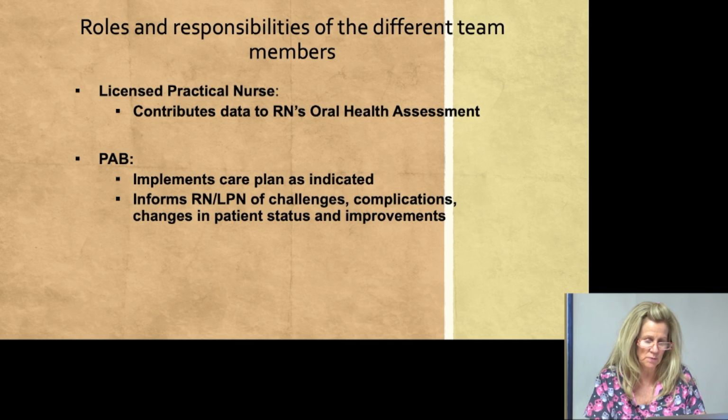The LPNs contribute data to the RN's oral health assessment, and PABs implement the care plan as indicated. Once again, we inform the RNs or LPNs of any changes in the patient status and improvements.